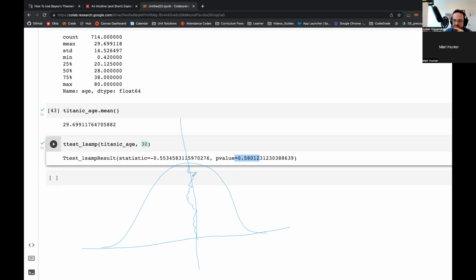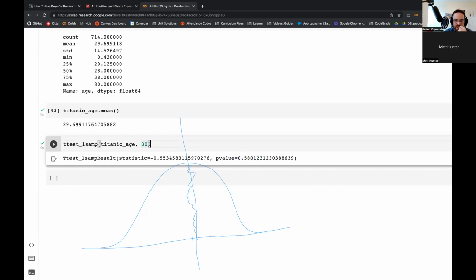And I can tell that because the t-statistic of negative 0.55 suggests that the distance from 29.69 to the value of 30 is really close. What I'm measuring is where this value pops up in my t distribution. If it's close to the mean, median, or mode of the t distribution, it means that it has a very high probability of being part of this same distribution. It's not an outlier, it doesn't exist on the fringes.